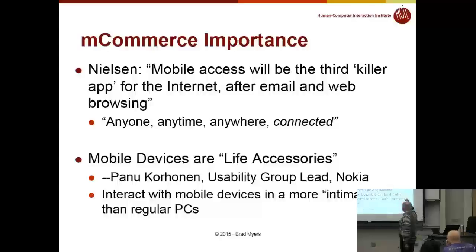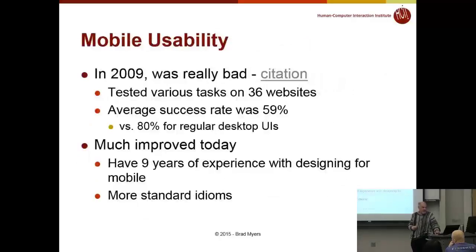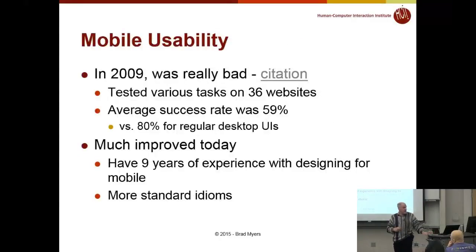So these are just some quotes about that. So Nielsen did his usual studies of mobile usability, and he identified all sorts of big problems with websites and apps in terms of usability.